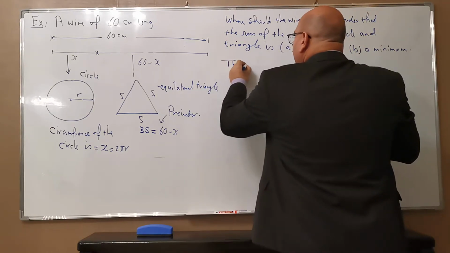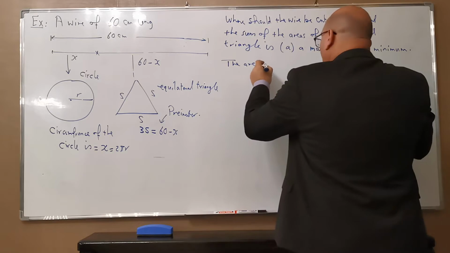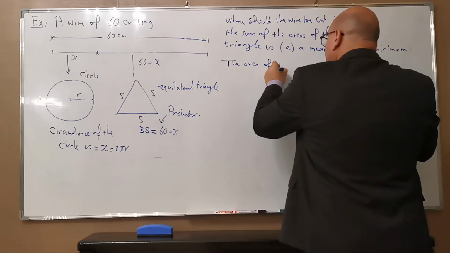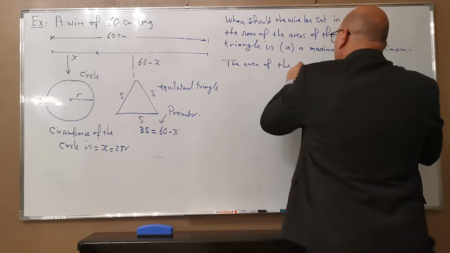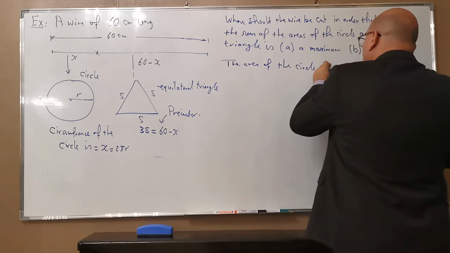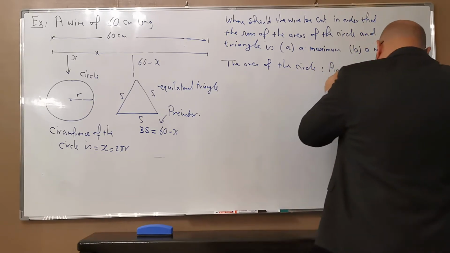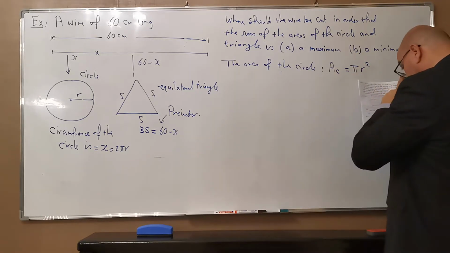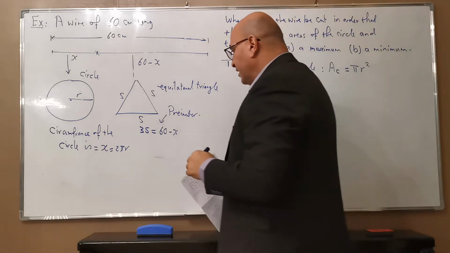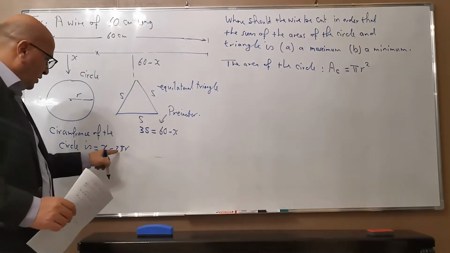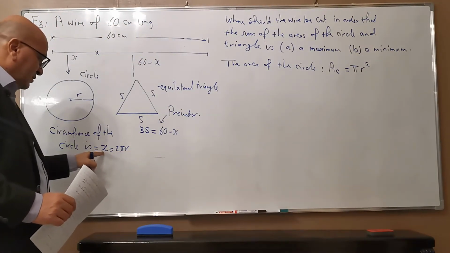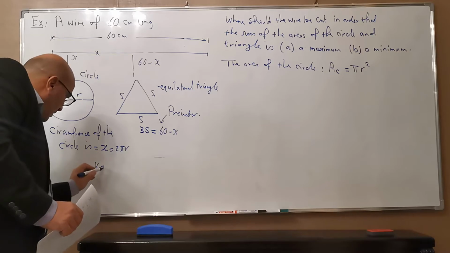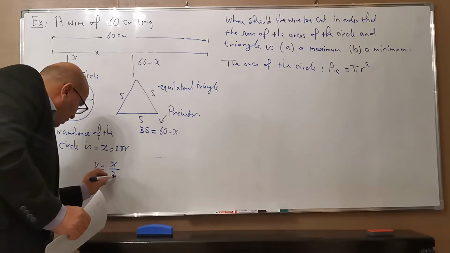So the area of the circle, let's call it AC, is equal to pi r squared. Okay, now there is a relationship between r and x. R here is equal to x over 2 pi.